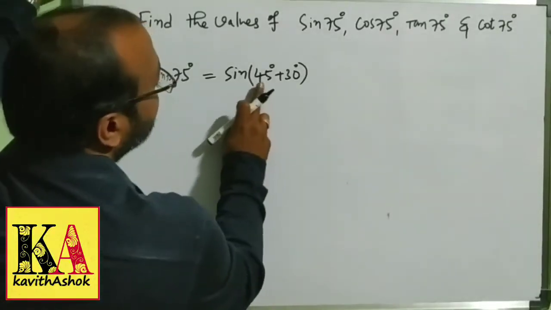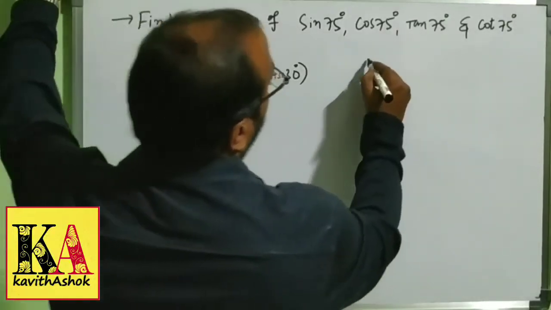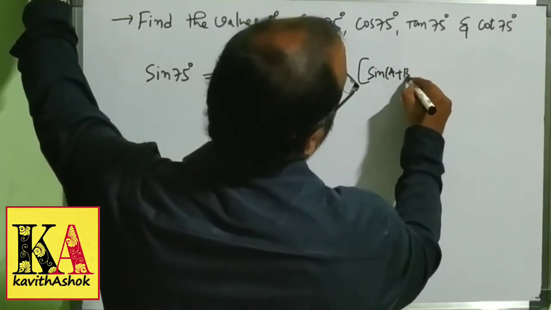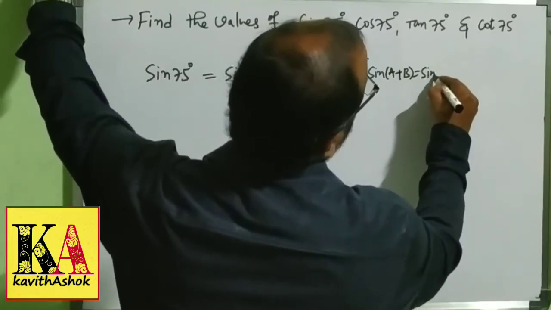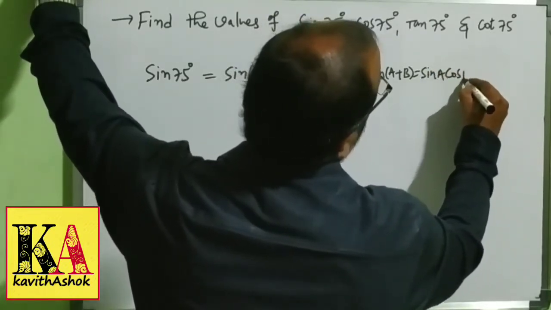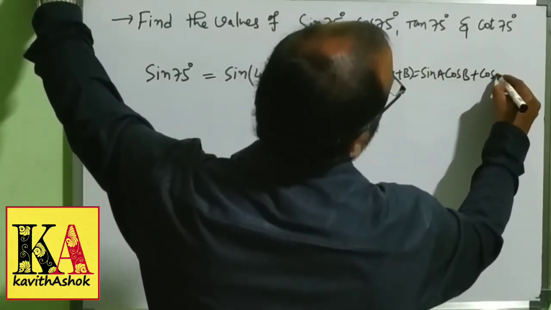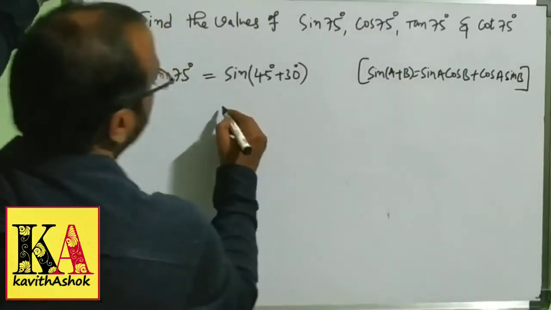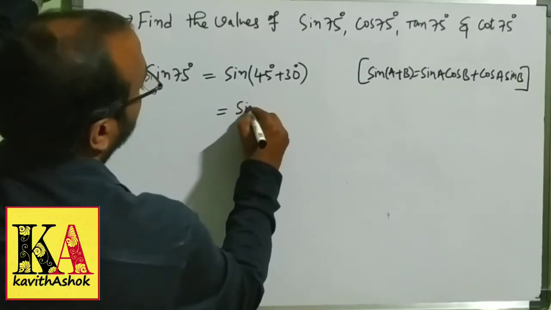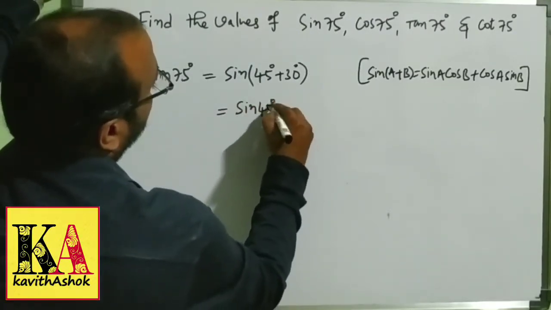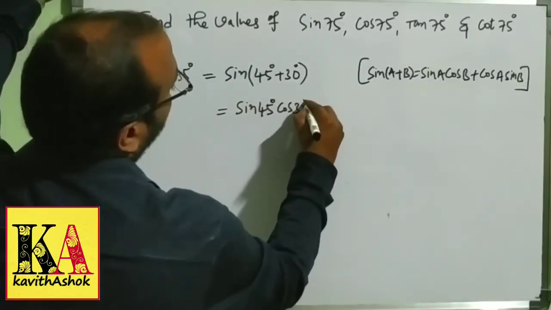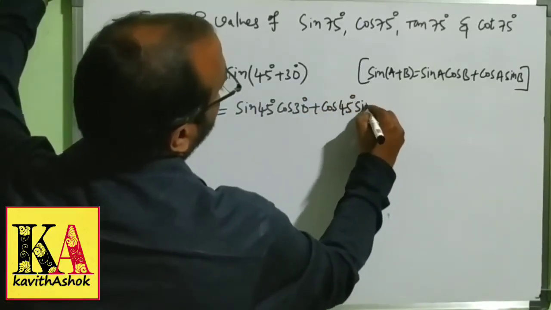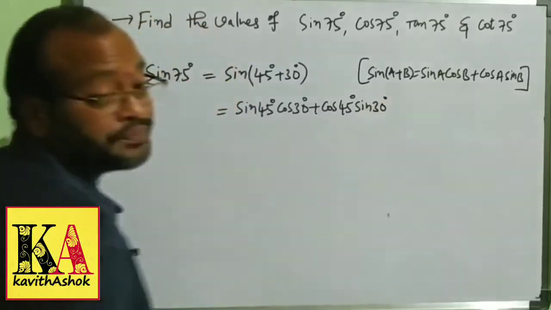Now it is in the form of sin of A plus B. According to the compound formula, sin of A plus B is nothing but sin A cos B plus cos A sin B. So now we can write this as sin 45 cos 30 plus cos 45 sin 30.